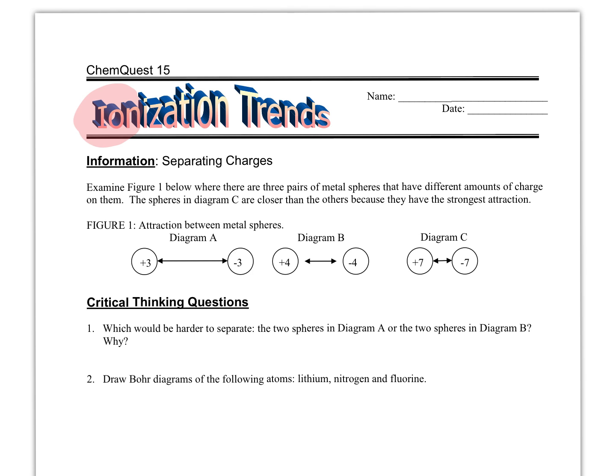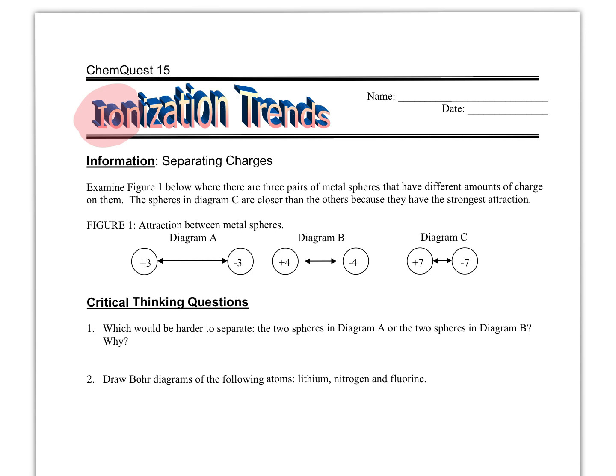Okay, information. Separating charges. Examine figure 1 below, where there are 3 pairs of metal spheres that have different amounts of charge on them. The spheres in diagram C are closer than the others because they have the strongest attraction.